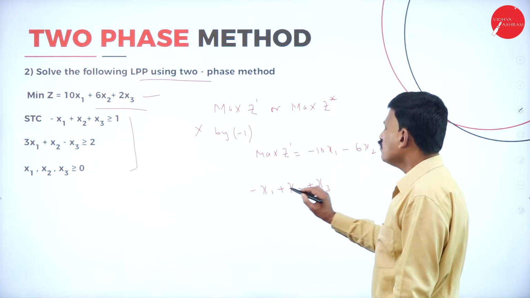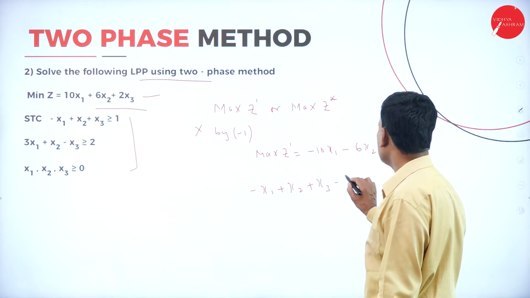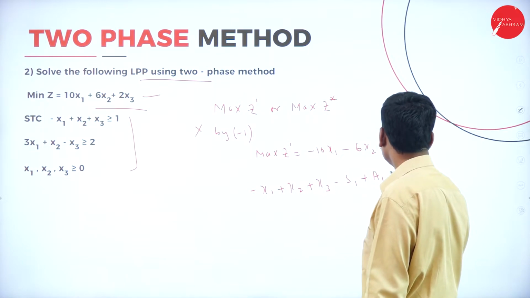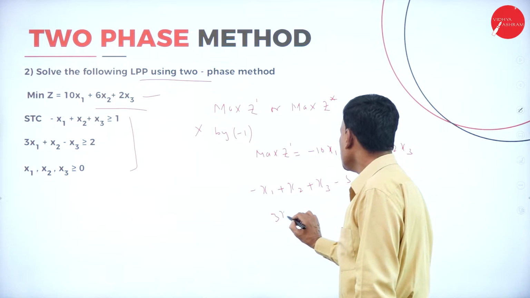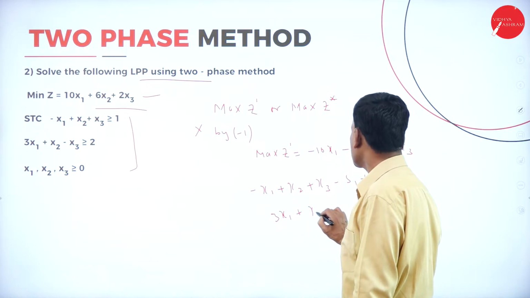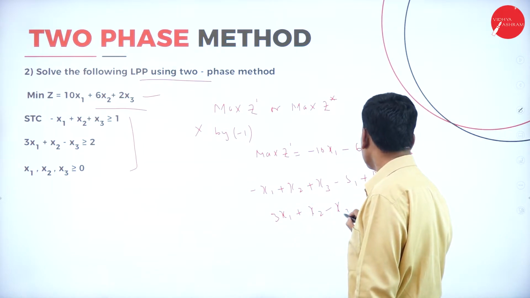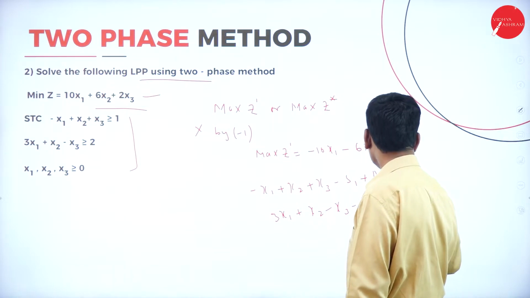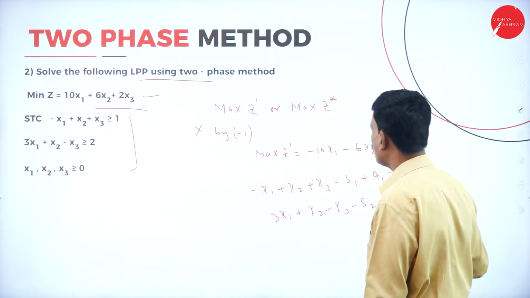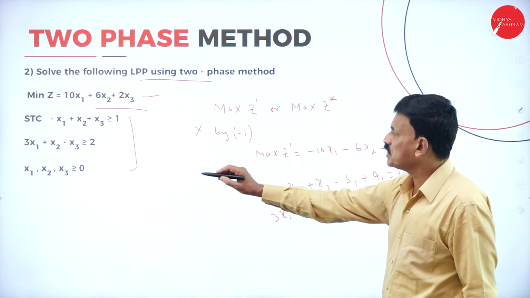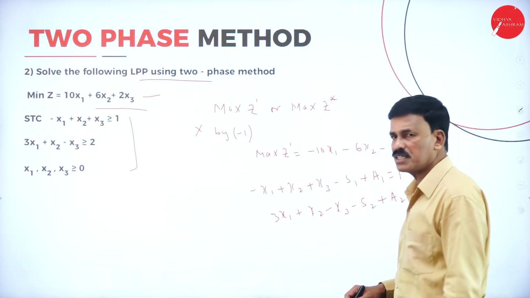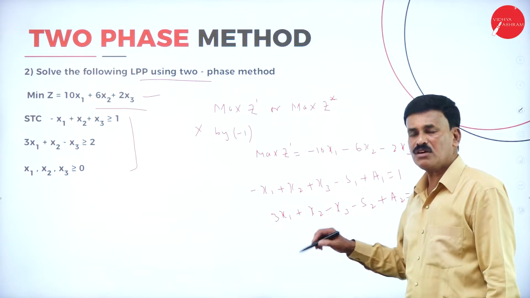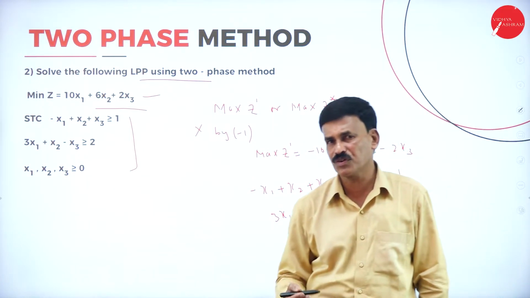Now, minus x1 plus x2 plus x3 minus s1 plus a1 is equal to 1, and the second equation is 3x1 plus x2 minus x3 minus s2 plus a2 is equal to 2. And the non-negative restrictions are x1, x2, x3, s1, s2, a1, a2 are all greater than or equal to 0. Now let us convert this into the standard form.